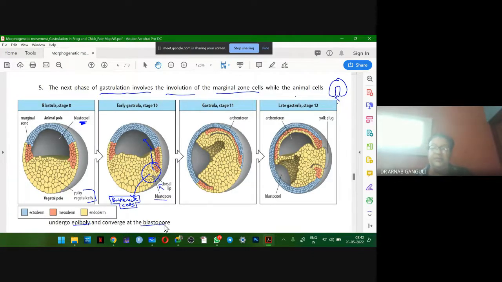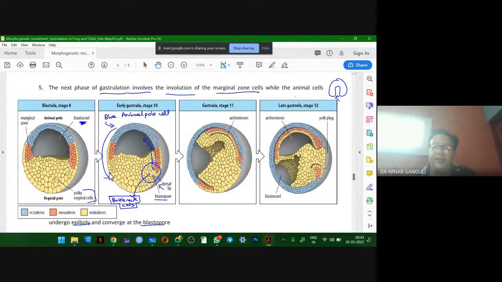So you can see these are the cells which were outside. These are the animal cells, this blue color. These are the animal pole cells. They do epiboly and come over here.